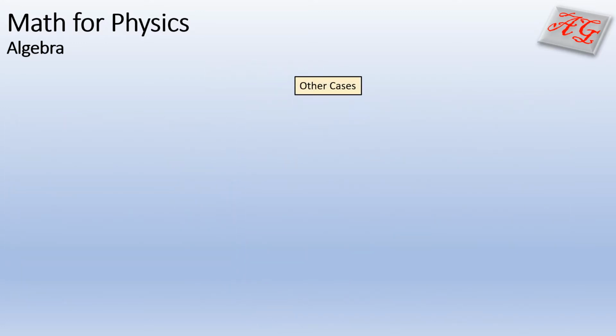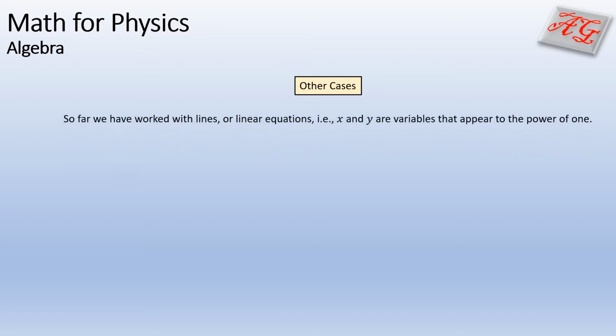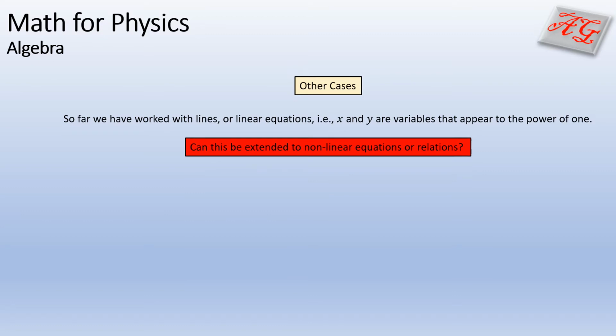Now, there are, of course, other cases, but so far we have worked with straight lines or linear equations, or equations of two variables where the variables are raised to the power of 1. But can these methods be extended to other kinds of relations? Say, for example, to higher order polynomials or to other relations that are more complicated?